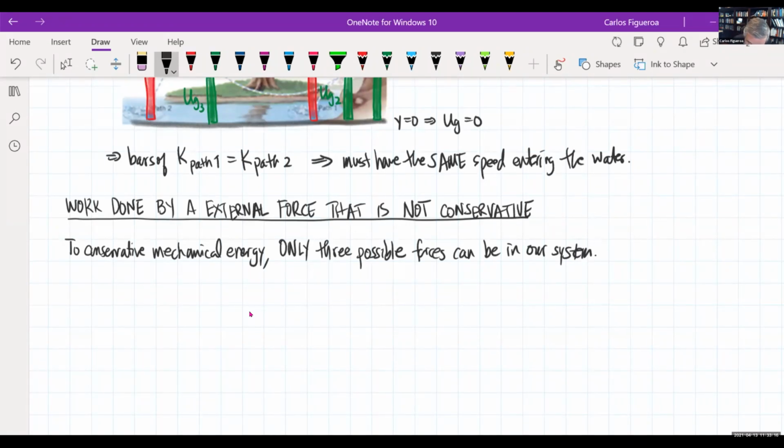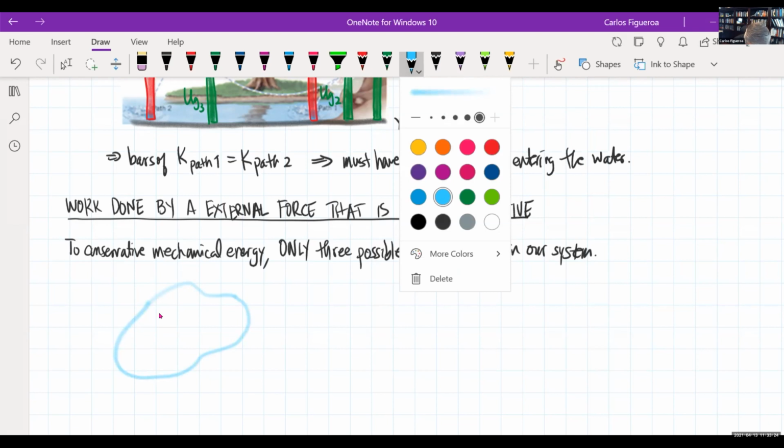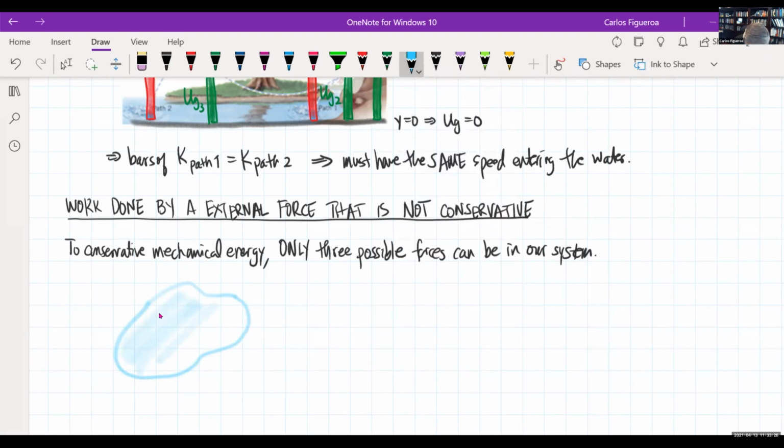So what do I mean by that? Well, I have a system, right? This is my system right here. And when I'm looking at my system, everything in my universe has to be contained within the system. We said that there could be 2 forces.